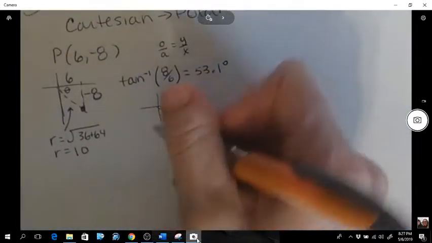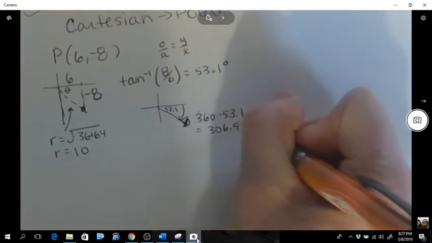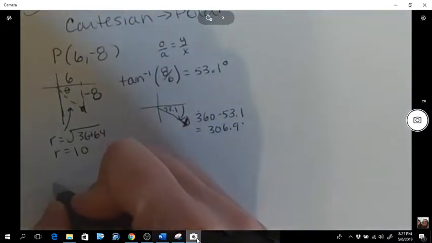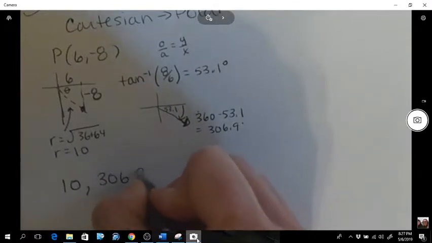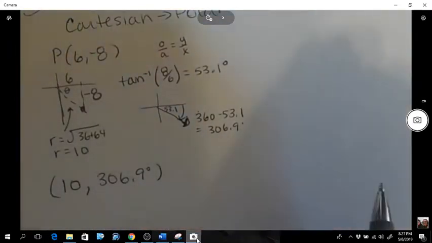Okay, so my final answer for that angle is 306.9 degrees. So the point is now 306.9 degrees. The radius it goes out in the direction that it's heading.